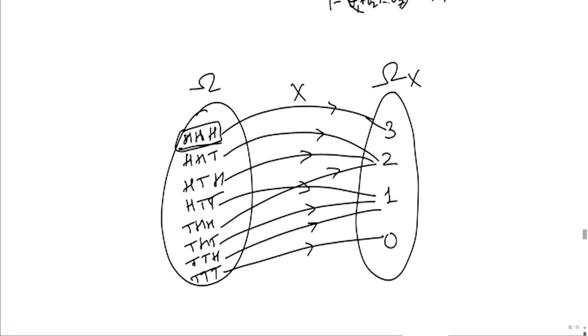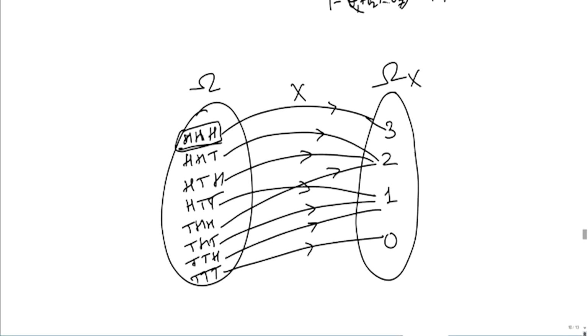So what we have done here, using a function which counts the number of heads, is transform this categorical sample space into a numeric space. Now, treat the values in this set omega X as the possible outcomes from this experiment.